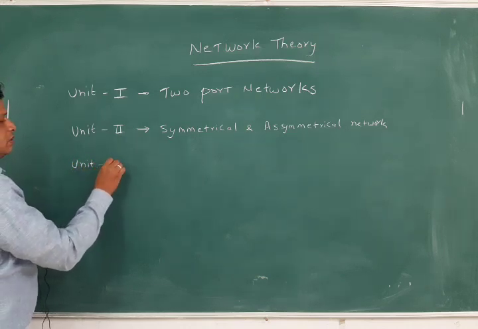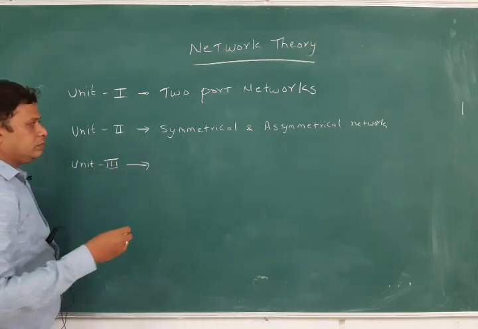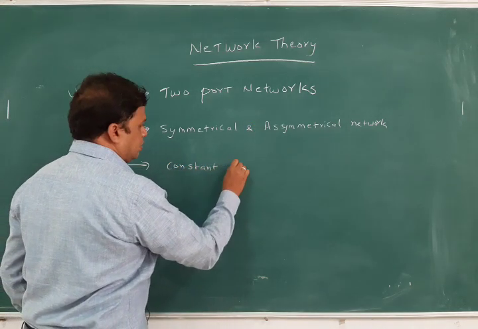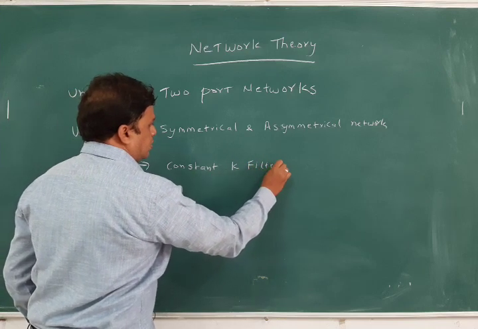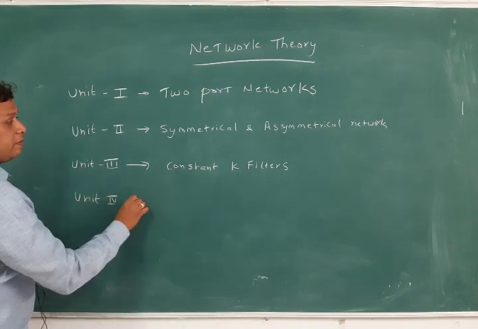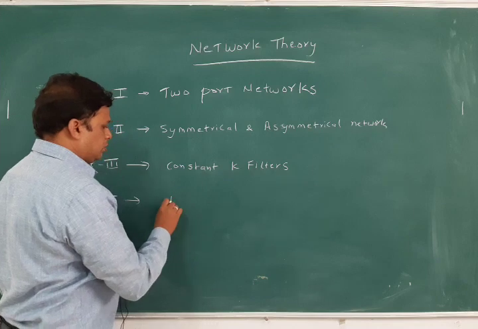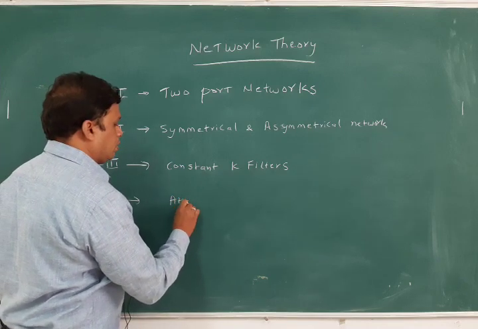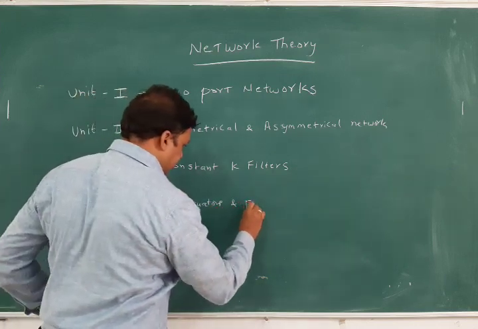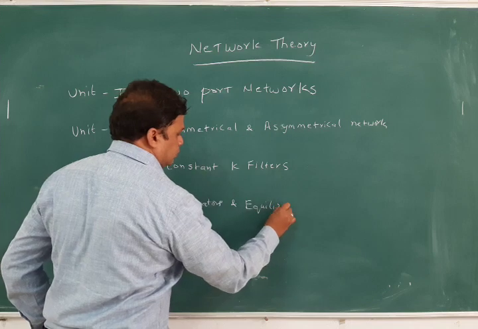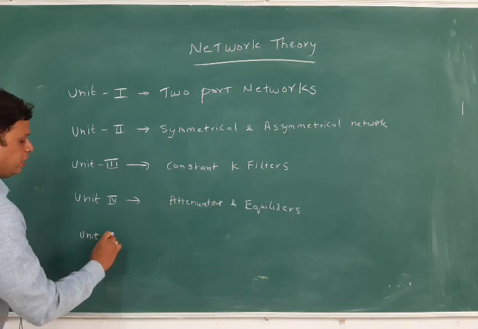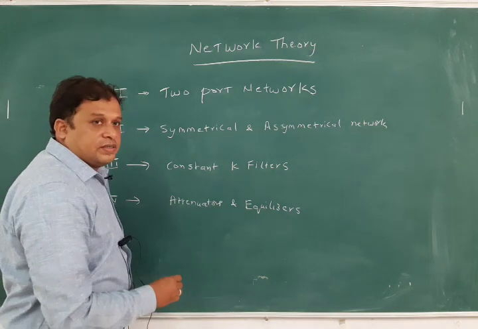Unit 3 is constant K filters. Unit 4 is attenuators and equalizers. Unit 5 is about network synthesis.